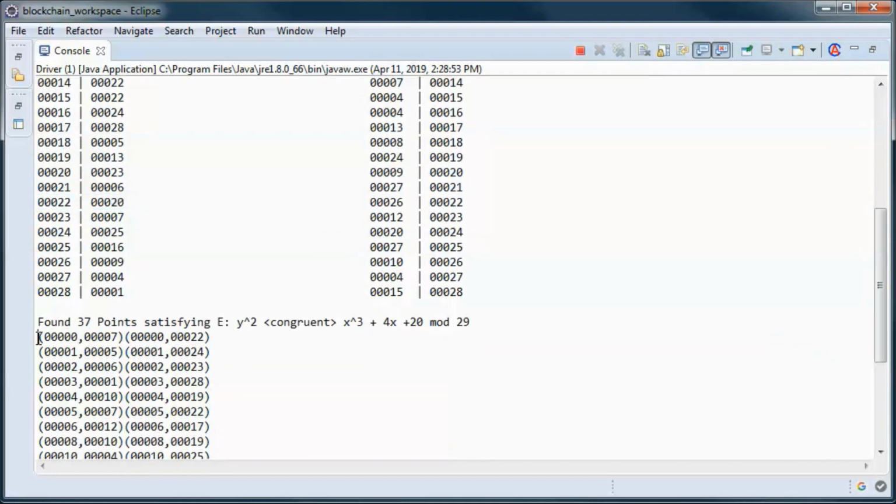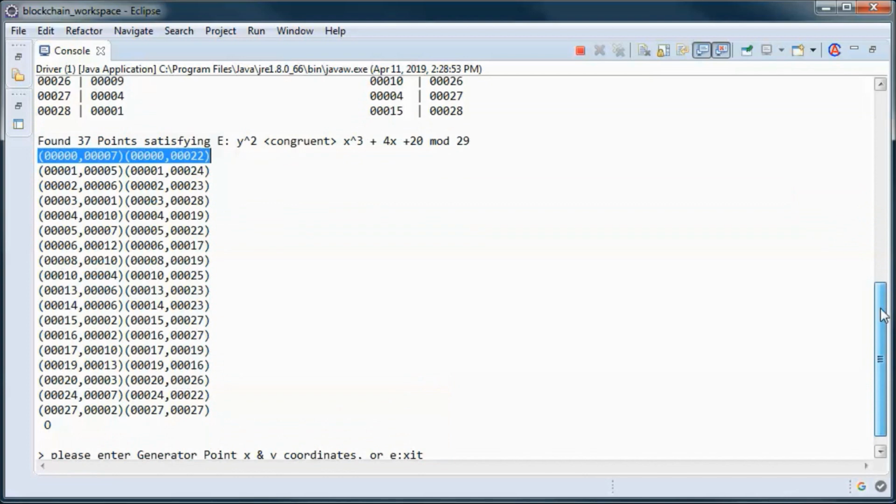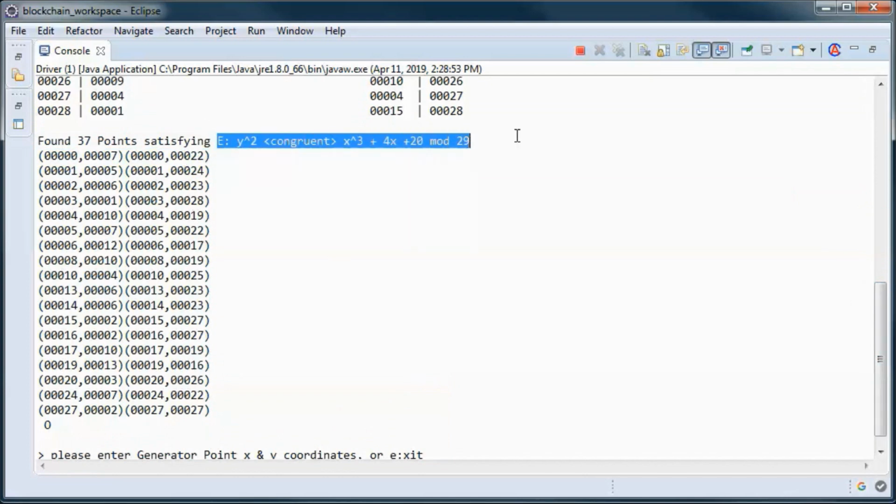So we have those 2 points satisfying the equation of the curve. So we end up with 37 points satisfying this elliptic curve equation, including the point at infinity, O.